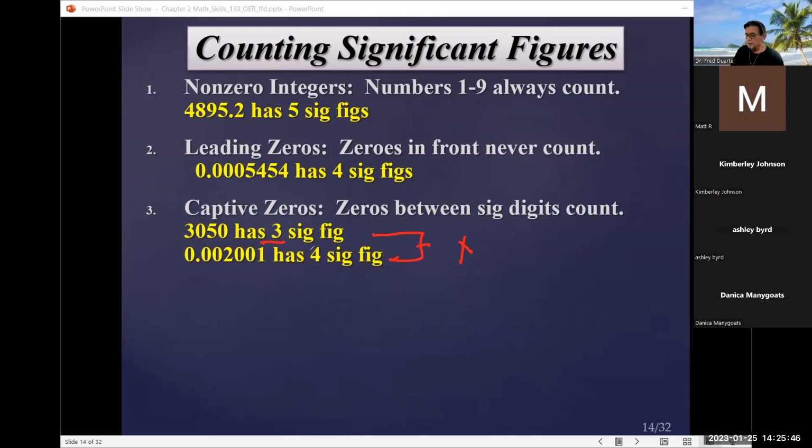That means that if I were to multiply or divide these numbers, then my answer should have no more than 3 sig figs. That's what we're trying to determine, okay? My answer should only have 3 sig figs because this number is the least accurate number, okay? All right.